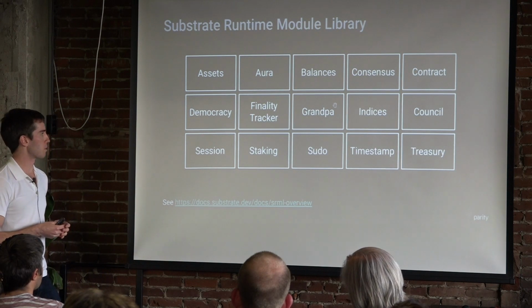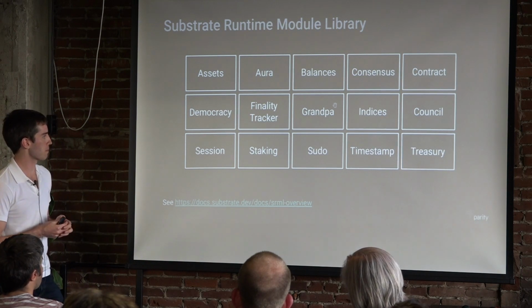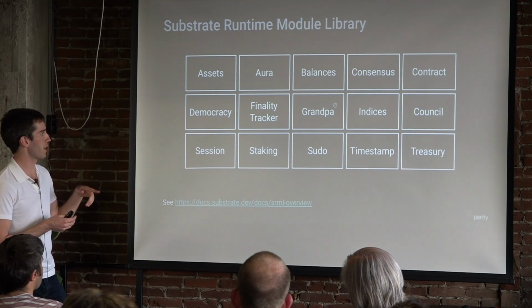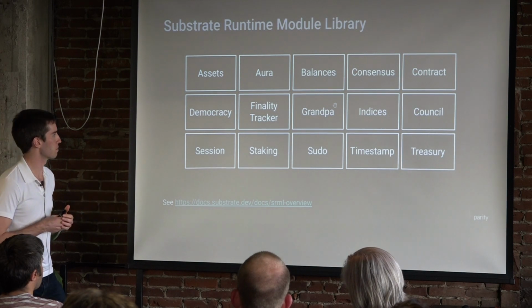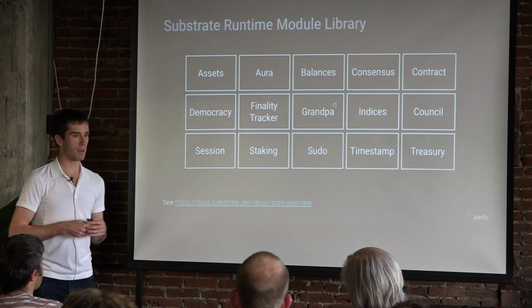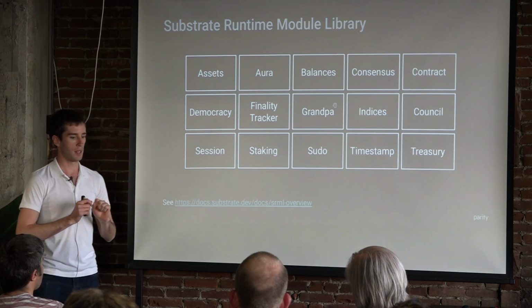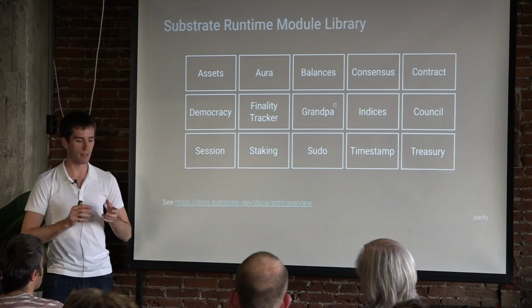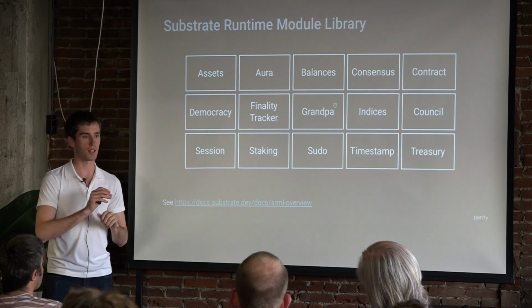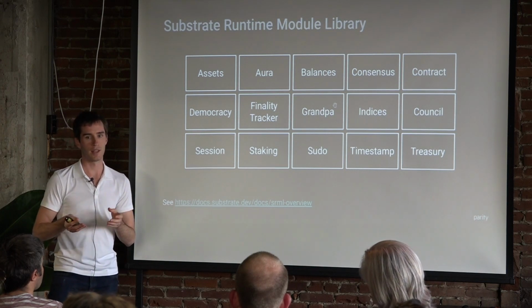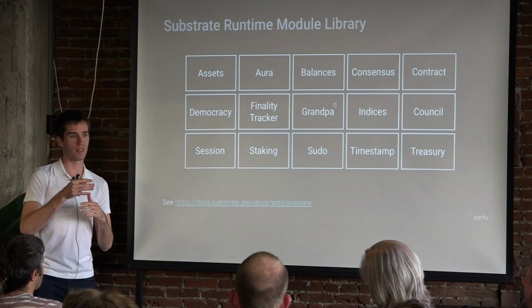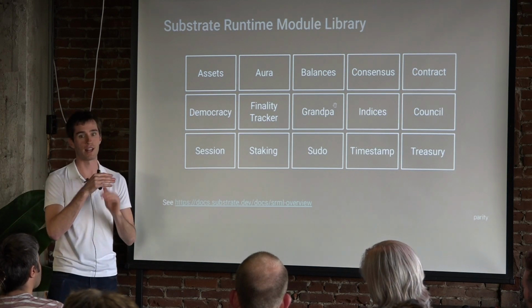So we have 2 block production algorithms right now, Aura, and another one that's not on here called Babe. And Grandpa is a way of finalizing these. These block production algorithms are kind of probabilistically final. They will just keep submitting blocks off of the longest chain that they have, which may not correspond to the highest chain that's been finalized.